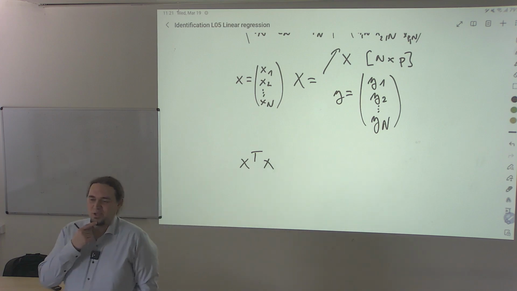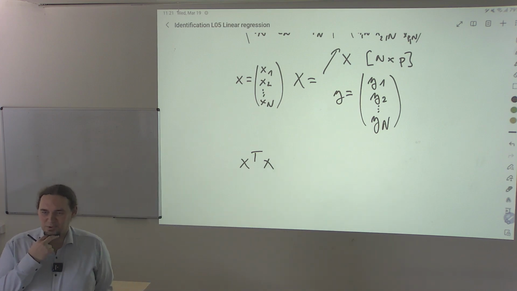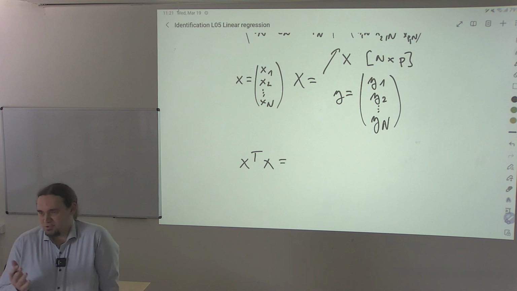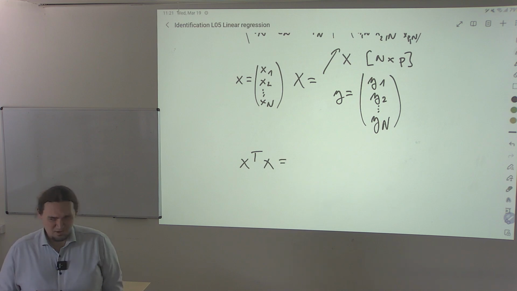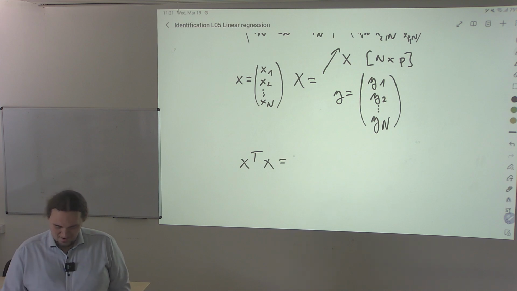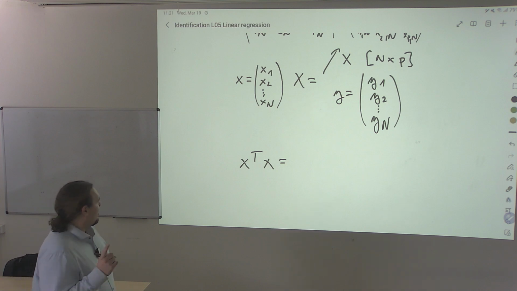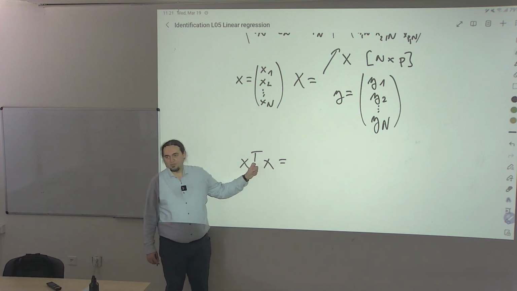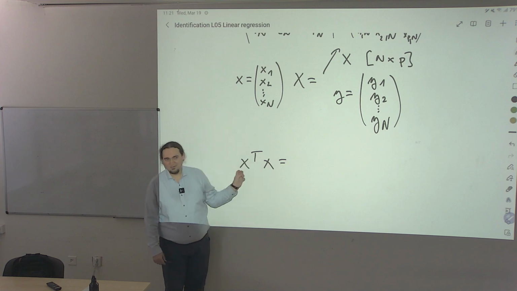What will this be equal to? It's the scalar product. Let's first rewrite it. What does this strange looking t mean? What should I do with the vector x?